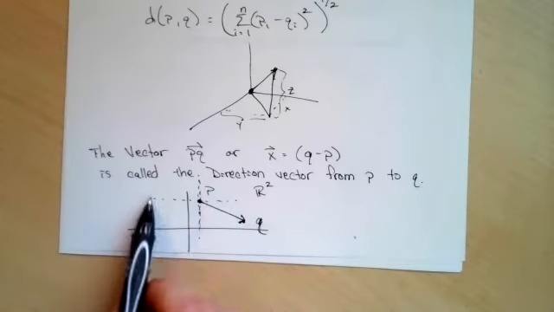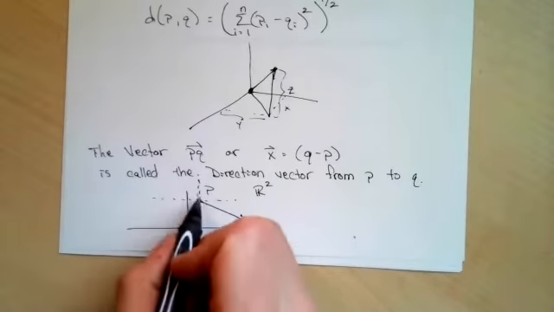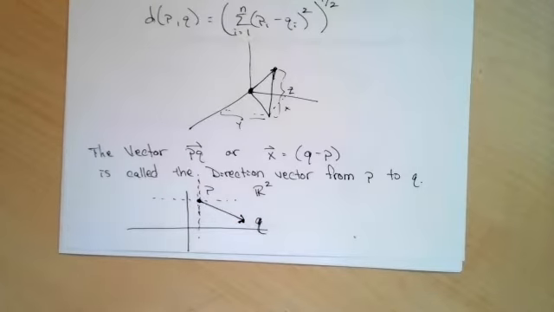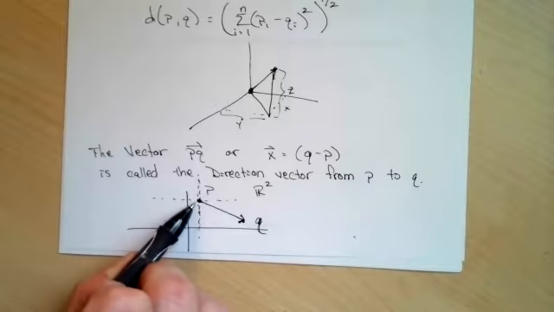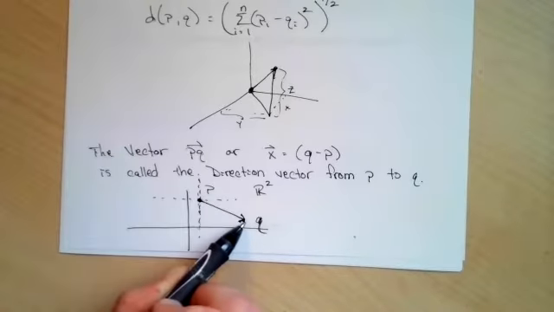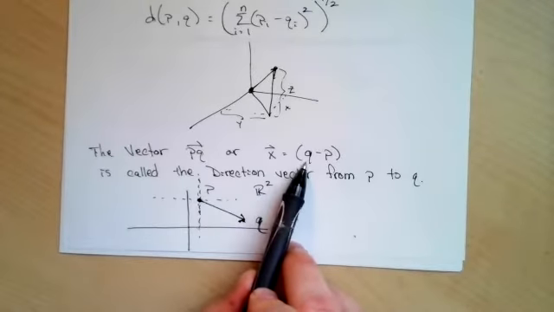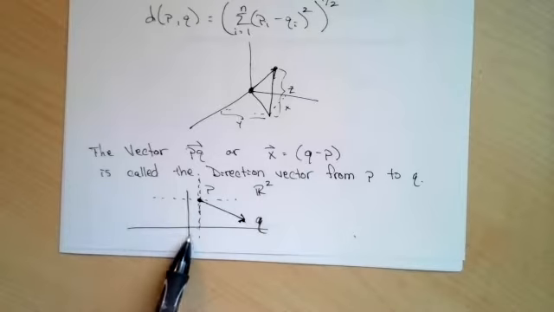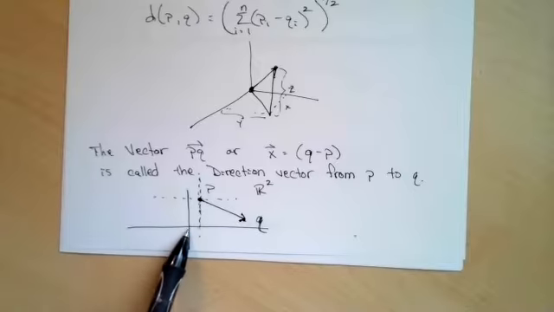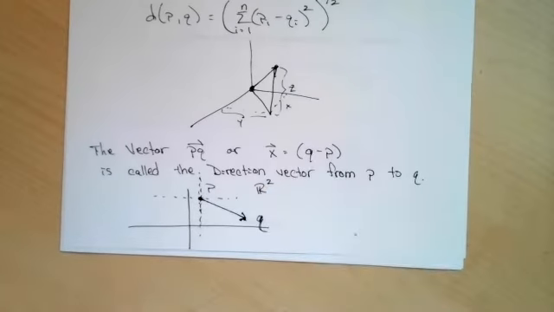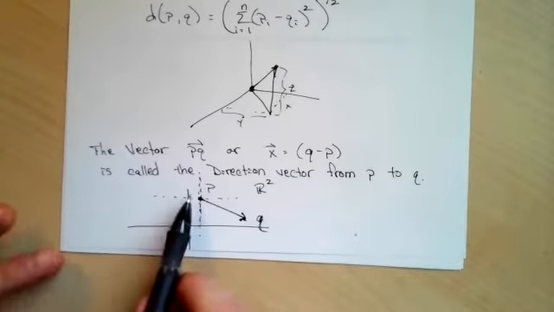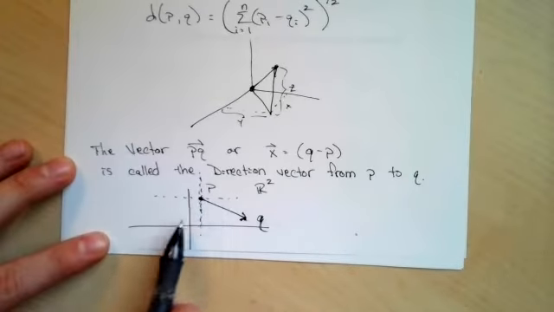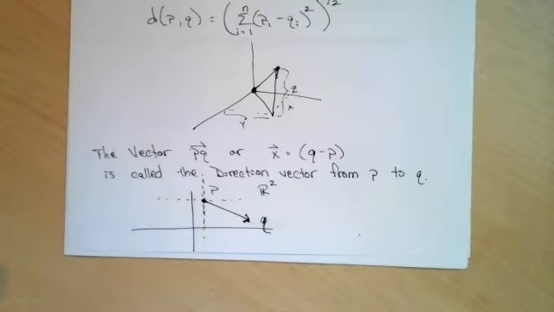And so really what we have is a hidden copy of R2 where the origin, our reference point, we want to think of ourselves sitting at P. And now the direction we would need to walk from P to get to Q is given by our directional vector. So it's almost like we shift the origin to P, and that is our reference point. Whereas the absolute origin, you can think of as an absolute reference point, but then the point we are standing at, our reference frame, would be looking like our origin is at P.